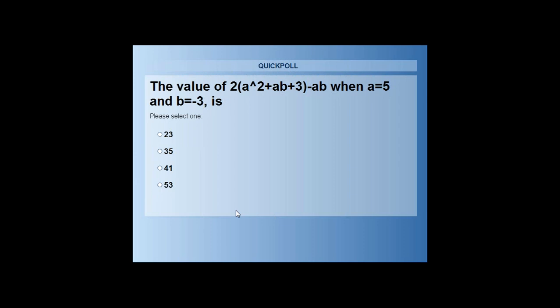I'm waiting for people to vote. Waiting for some more people to vote. Quick one.